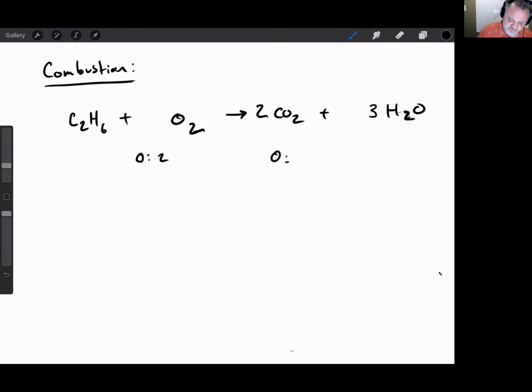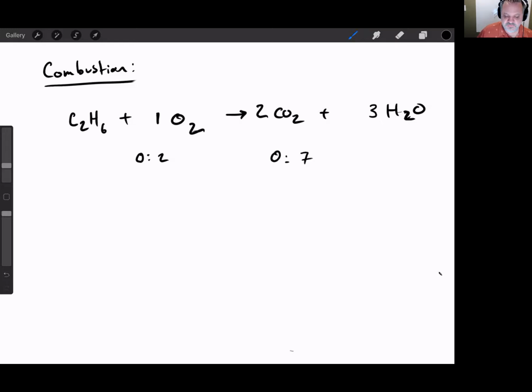How many oxygens are on this side? I've got 2 CO2s, so that's 4, plus 3 waters, that's 7. So this introduces a common situation. Take a look at the situation here. It doesn't matter what I do with the stoichiometric coefficients for oxygen.